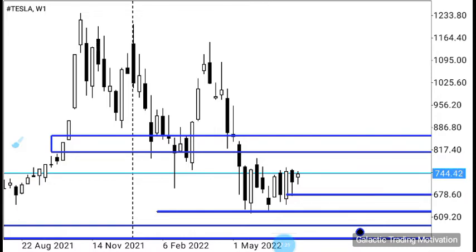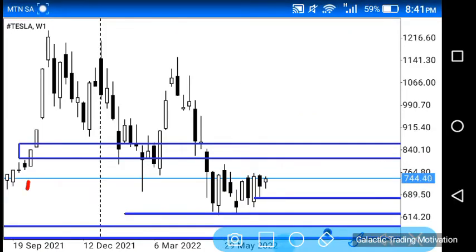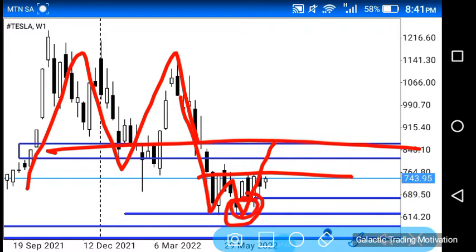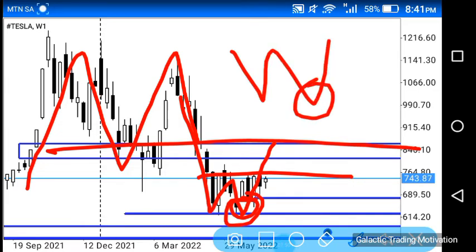So let's continue. As much as we have this M structure with a neckline being there, can you guys see that we also have a W structure here with a neckline being here? However, the neckline of the W structure has not yet been broken. However, based on this W structure, I can tell you right now that a lot of traders and investors bought in this region on the second leg of the W, and that is because when it comes to W structures, people usually buy on the second leg of the W, and then they just place their stop losses just below that structure.